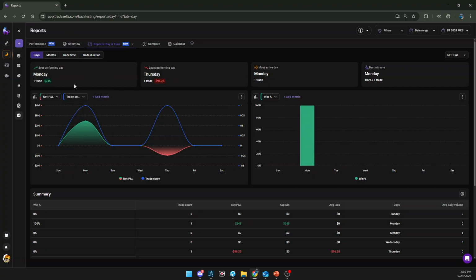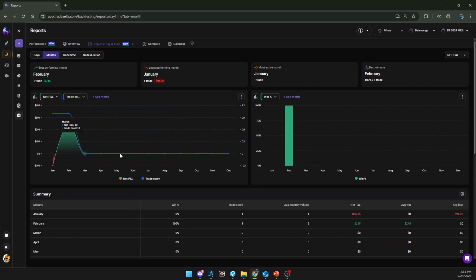As a 4-hour trader, I'm a swing trader, this may not be as accurate because this may be when I close the trade, but I actually entered 3-4 days ago. So not quite as accurate for a swing trader, but for any intraday trader, this is going to tell you exactly what's best for you.